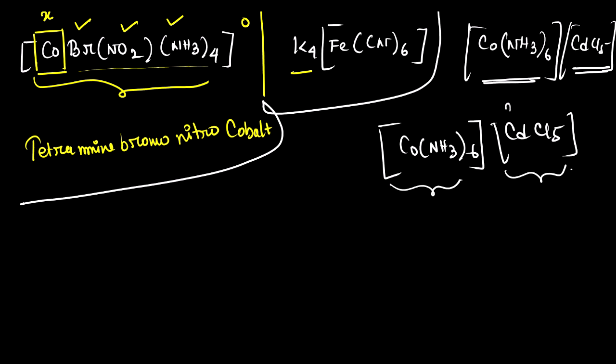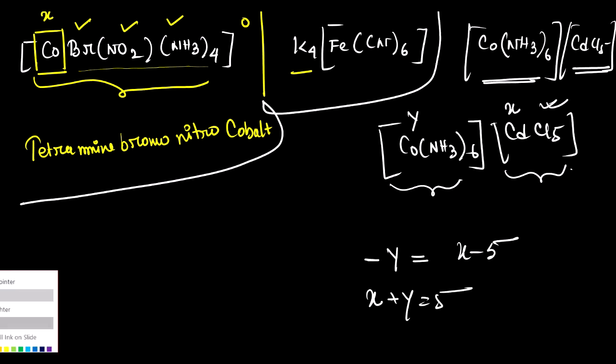So if we take the oxidation state of cadmium as X, and the oxidation state of cobalt as Y, what we can write, the oxidation number of this coordination sphere will be Y plus 0, and that will be neutralized with this one. So if it will be neutralized, suppose this one is Y positive, to neutralize this, this negative of Y will be equal to X minus 5. Now we are having X plus Y equals 5.